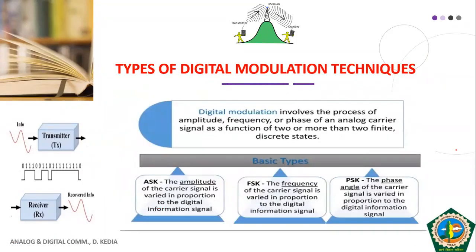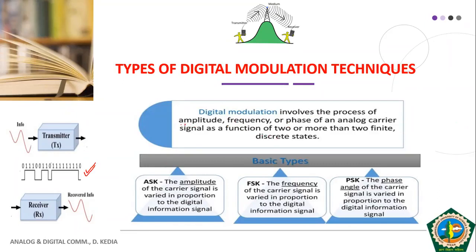So we have different types of digital modulation techniques, as we talked about in analog communication and pulse communication. In the same way, we have different types of digital modulation techniques. Though our signal is digital in nature, the rest of the things are similar to analog modulation techniques.